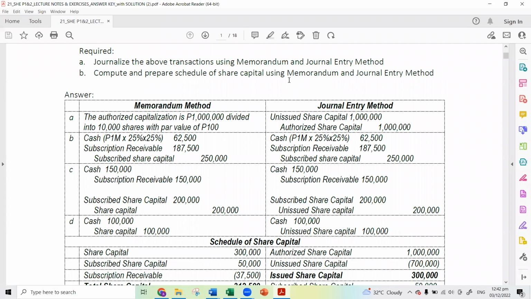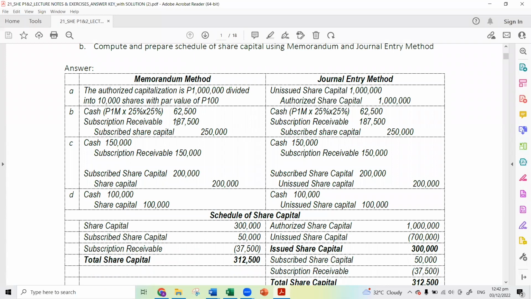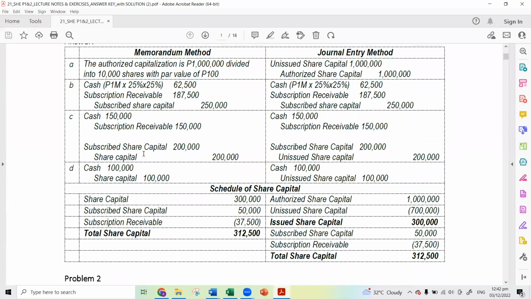Sa memorandum method, only a memorandum is made for the authorized capitalization. Again, under memorandum method, only a memorandum is made for the authorized capitalization, and subsequent issuance of shares are credited to share capital. Ayan, no?